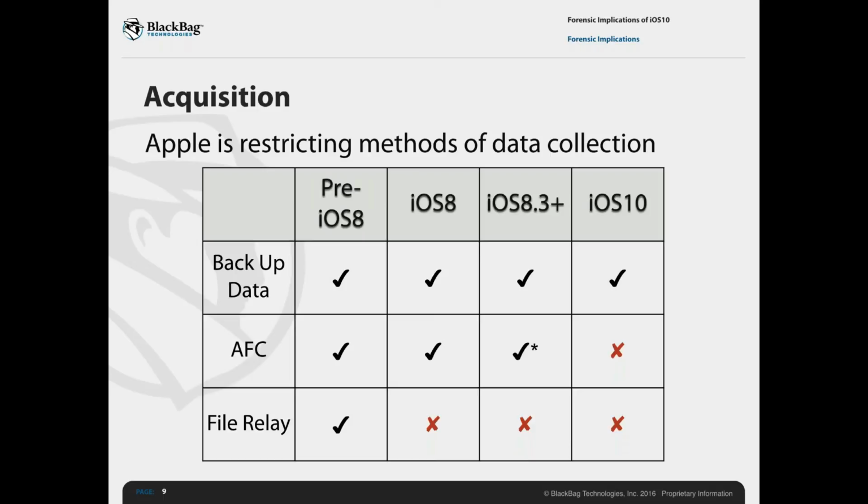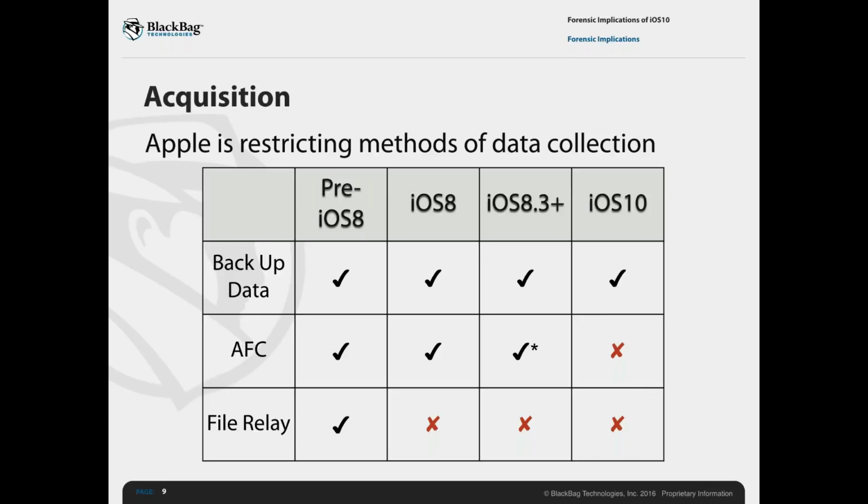That made us lose numerous files that we were able to get prior to iOS 8, so we're now being reduced in the number of files that we can get with our logical images of iOS devices.